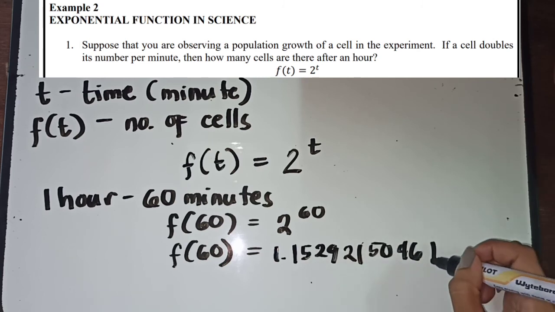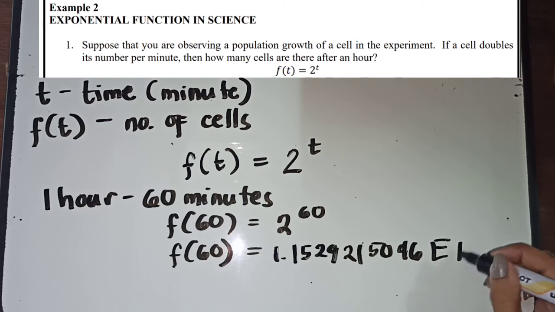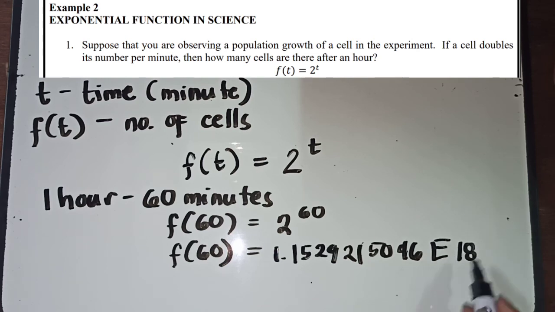1.1529215046 e, then 18. Okay, so kapag meron tayo nakita ditong e, ibig sabihin na to is times 10. Then yung number na kasunod ni e, ito yung magsisilbing exponent ni 10. Okay, so 2 decimal places tayo.